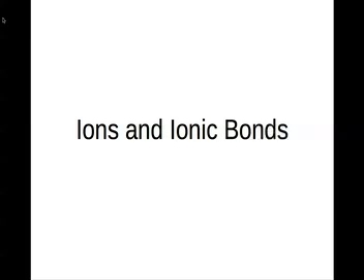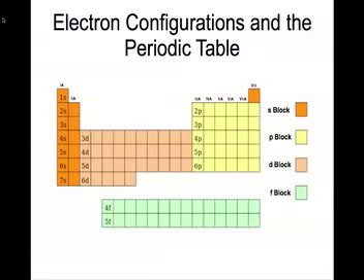But first, recall the structure of the periodic table. Elements in the same vertical column, or group, all have the same number of valence electrons. Valence electrons are the electrons in the highest number main shell. All the other electrons in an atom are called inner electrons.